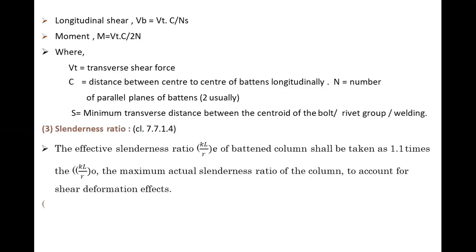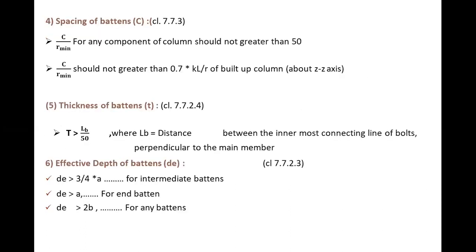S is the minimum transverse distance between the centroids of the bolt or rivet group. S is the center to center distance, right? The third criterion is the slenderness ratio, given in clause 7.7.1.4. The effective slenderness ratio KL/r of a batten column shall be taken as 1.1 times the KL/r of the column, so that the maximum actual slenderness ratio accounts for shear deformation effects.